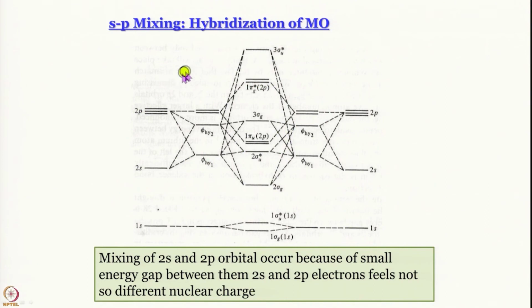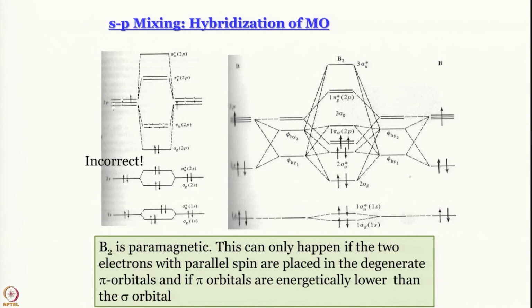As a BSc student I used to be fascinated by this diagram even before I read this. This is again from Hughes's book. It looks like a lunar module, the lunar lander used by the first lunar expedition. So, this is the scheme proposed involving sp mixing.